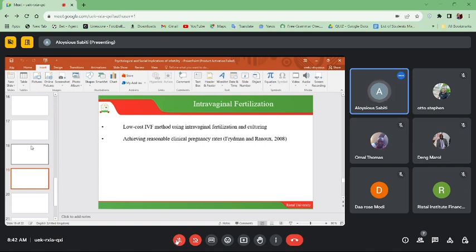Low-cost IVF methods use in vitro fertilization and culturing, then achieve reasonable clinical pregnancy rates. That will be automatic if you use low-cost IVF for babies, then it helps, because IVF is associated with high levels of estrogen.